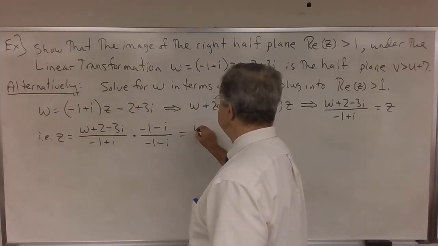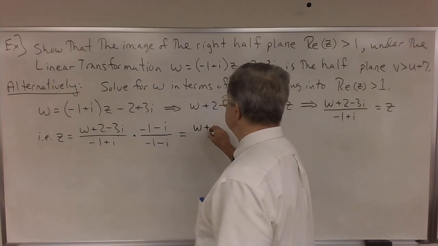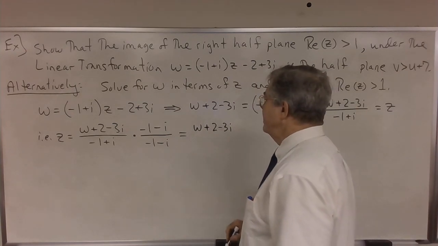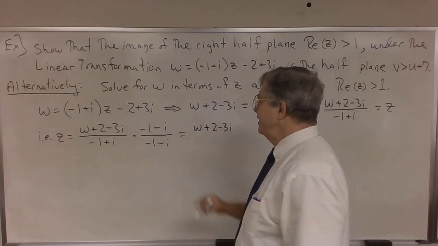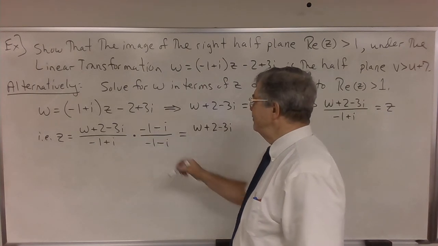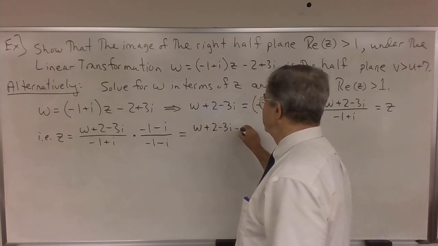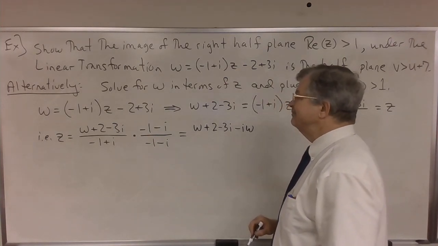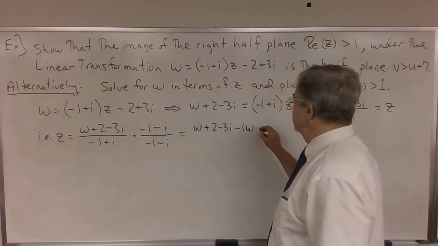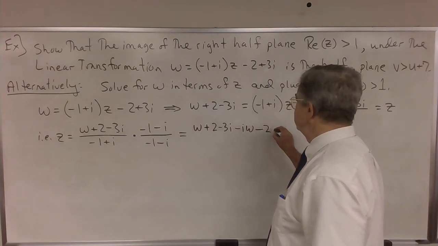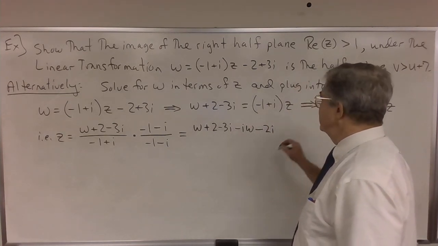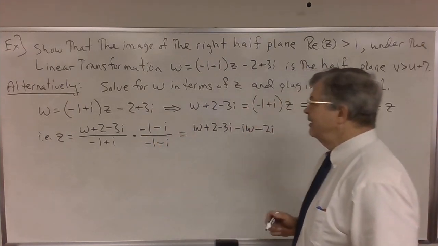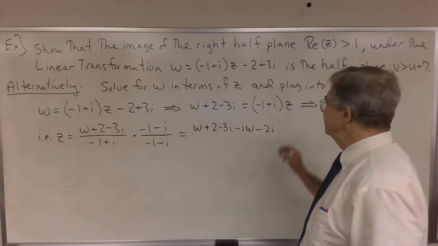So I have w plus 2 minus 3i. And now I have to multiply by negative i, so negative iw minus 2i, and negative i times negative 3i, that's i times 3i, which is negative 3.